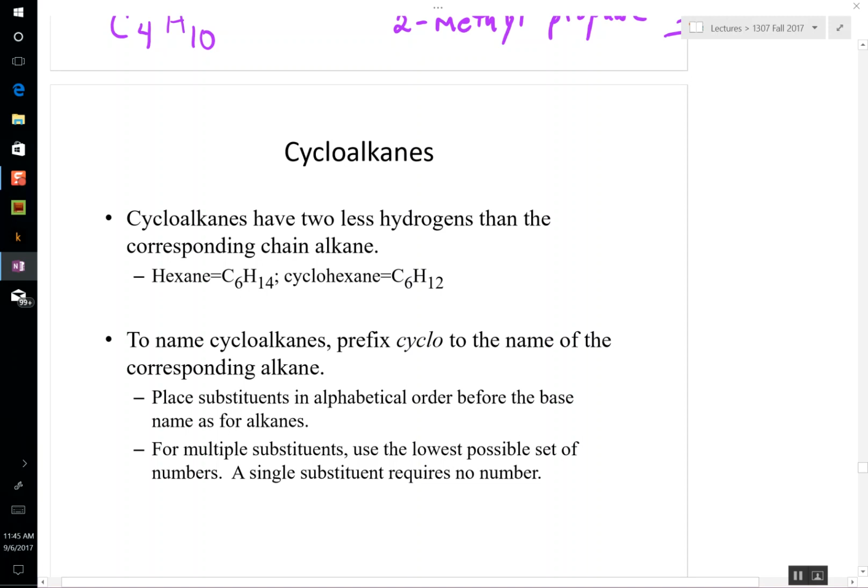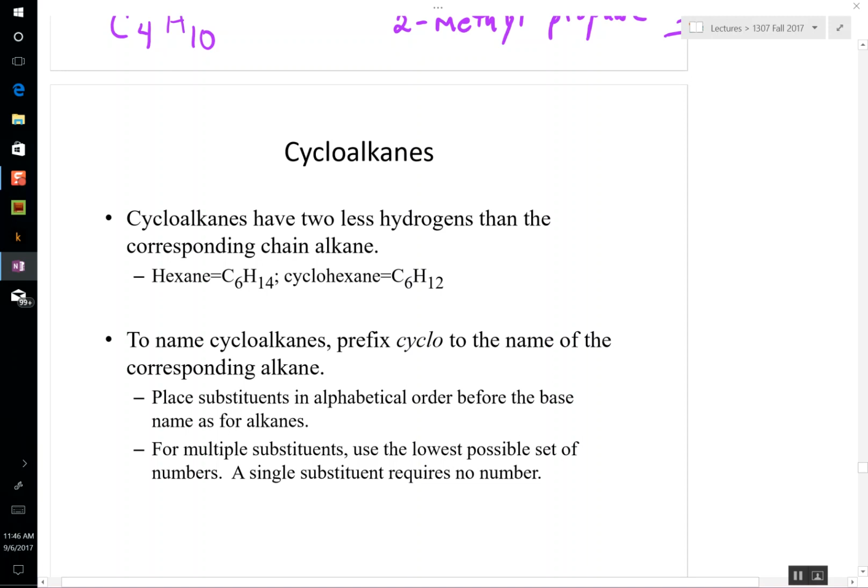Well, you take a hydrogen off of that one, and you take a hydrogen off of that one, and connect the first carbon to the 6th carbon, and you still have 6 carbons, but now it's in a cycle, in a ring. This is cyclohexane.